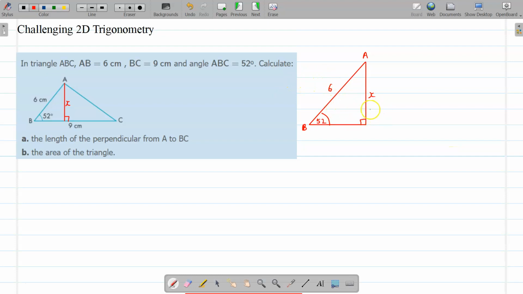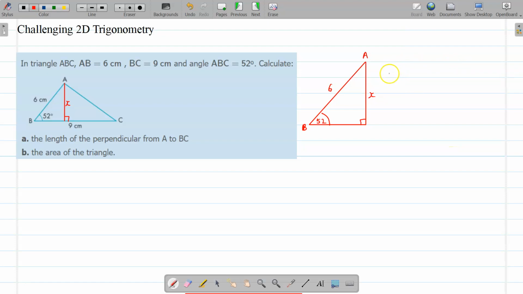So we have a right-angled triangle now that we can use, and we know that in a right-angled triangle, if we've got an angle there of 52, X is opposite and 6 is the hypotenuse, and O over H is the sine ratio.